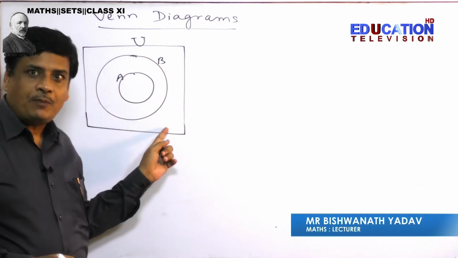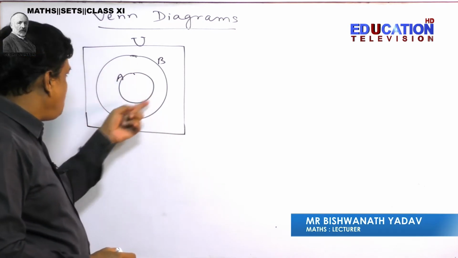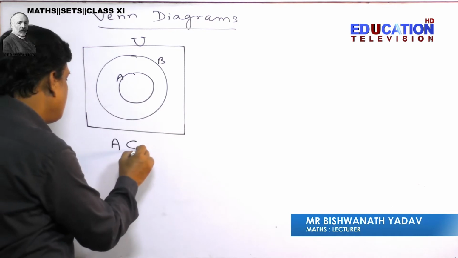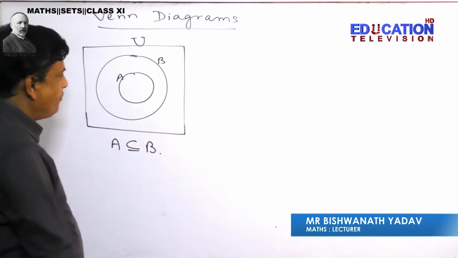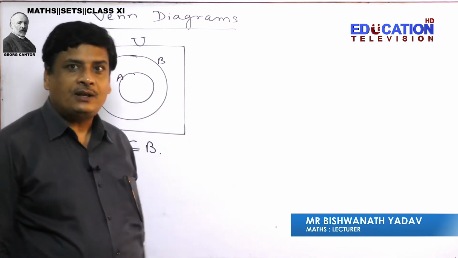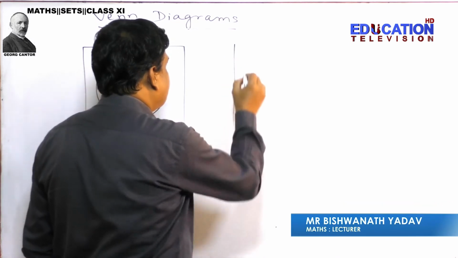In this Venn diagram, set A is contained in the sector of set B. So A is a subset of B. In the figure satisfying that condition, we have to find B complement.